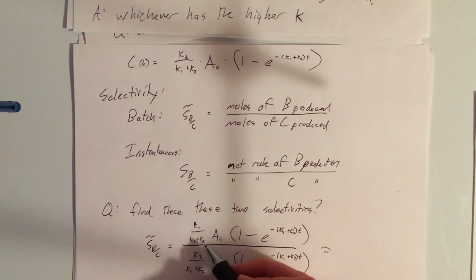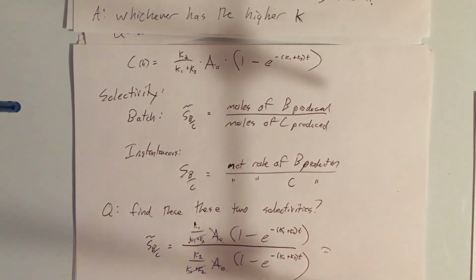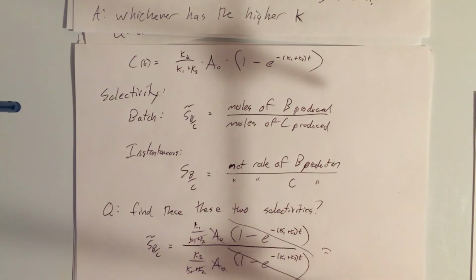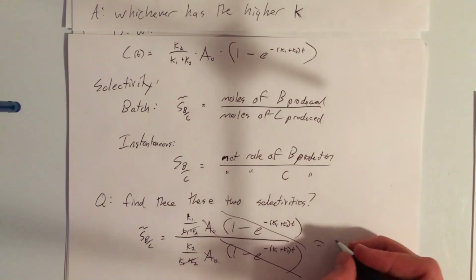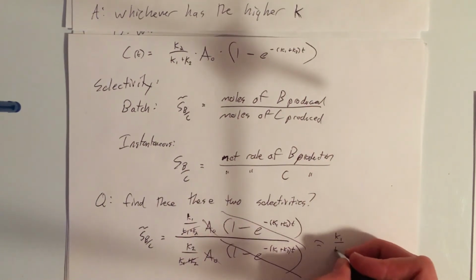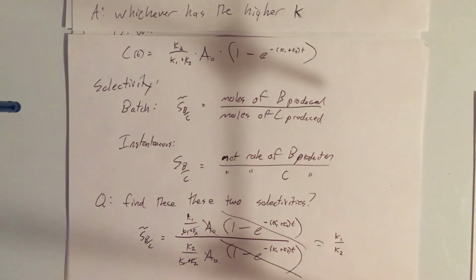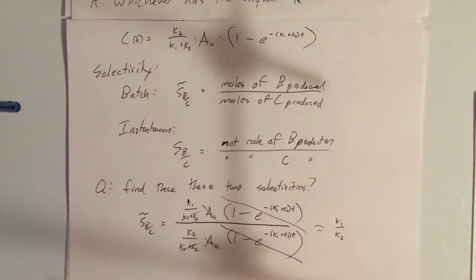Well, yeah, we can actually. The 1 over K1 plus K2 terms cancel out, the A naughts cancel out, actually these entire terms cancel out. And we're left with just K1 over K2 for our batch selectivity.